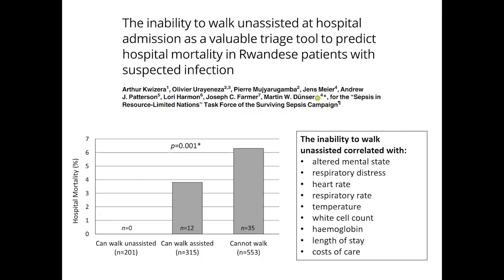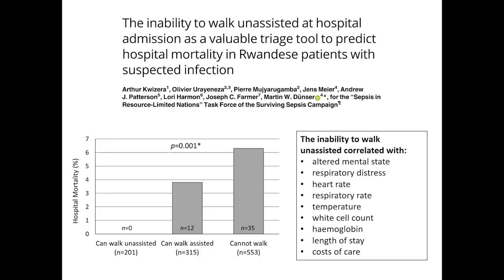Another indicator which we found, for example, in a study in Rwanda, including patients with suspected infection, was that the ability or inability to walk at hospital admission had a very good prognostic power for in-hospital mortality. On the one hand, patients who could walk in unassisted did not die in this quite large population of almost 1,000 patients.